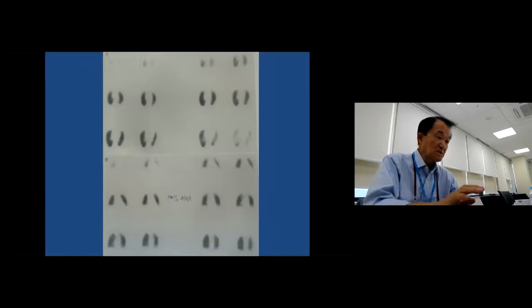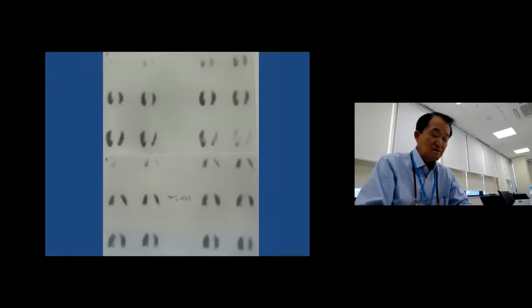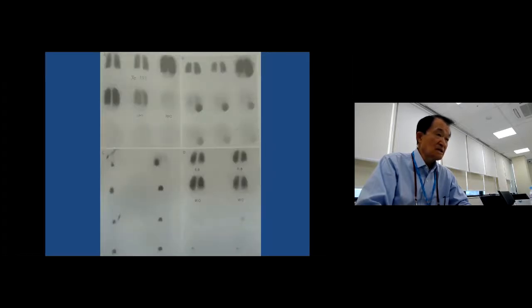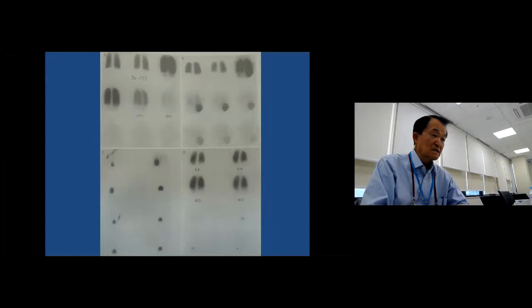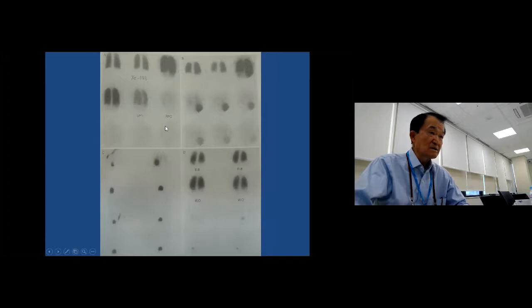And now with SPECT, you can have a 3-dimensional sort of images, so you can locate the pulmonary abnormality better, more precisely. And the xenon gas wash-in, wash-out, and then the perfusion study shows.